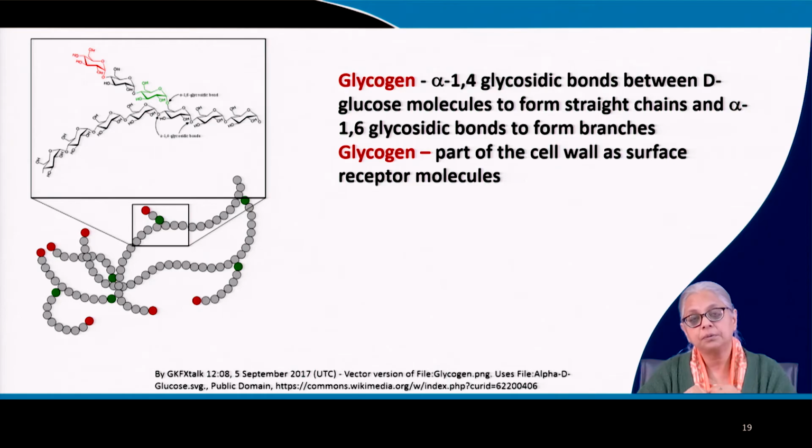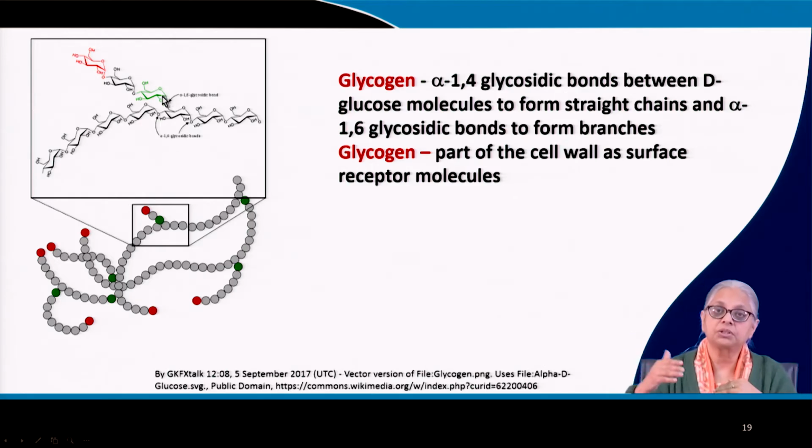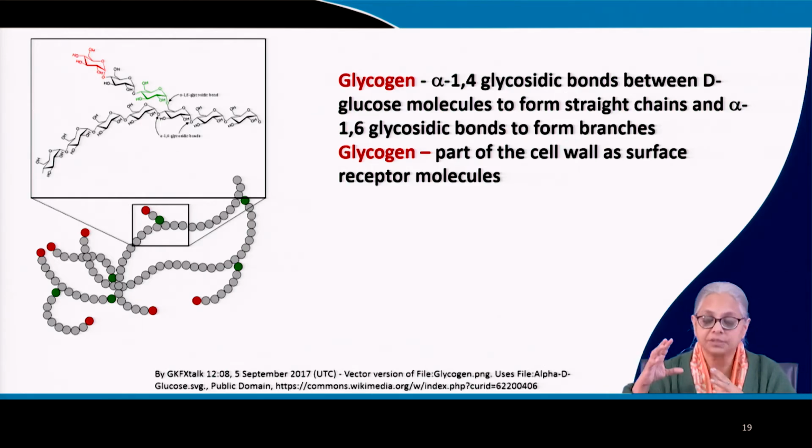Now it's a part of the cell wall, it's a surface receptor molecule, and it is branched. So the straight part of the molecule is made by alpha 1,4 glycosidic bonds, just like starch, and wherever there is branching, that is the alpha 1,6 glycosidic bonds, and that is the difference between starch and glycogen.